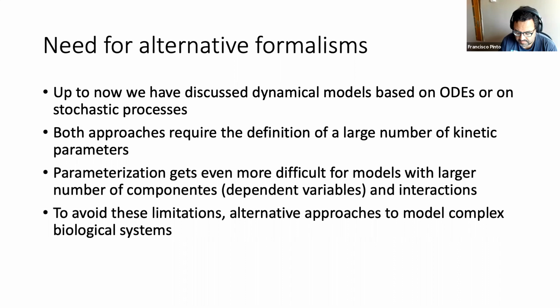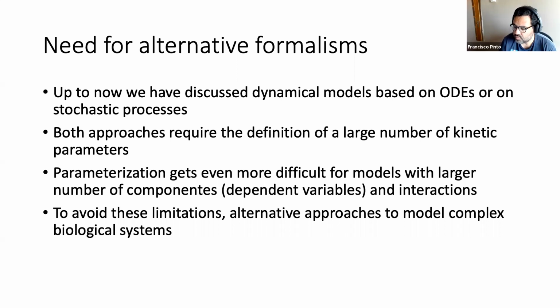So the main problem in these ordinary differential equations or stochastic models is that you need a large number of parameters, and that problem is even worse when you try to model biological systems with a higher number of components or with a higher number of interactions.